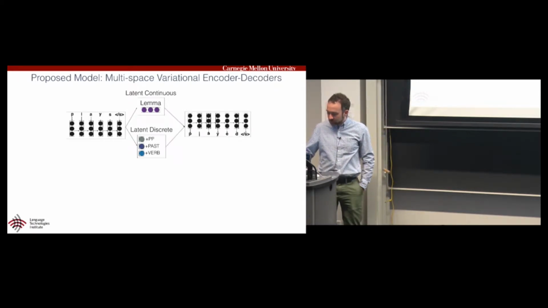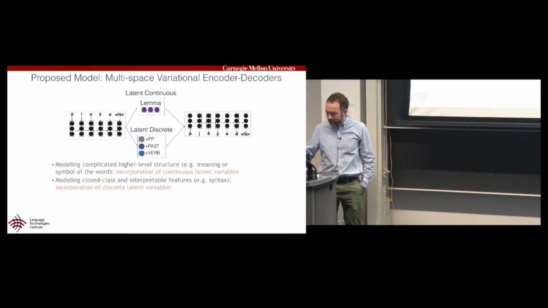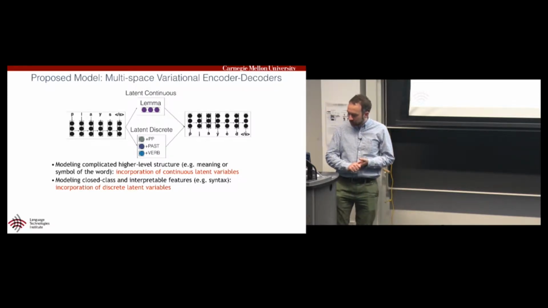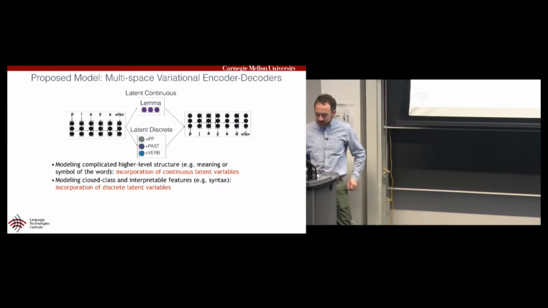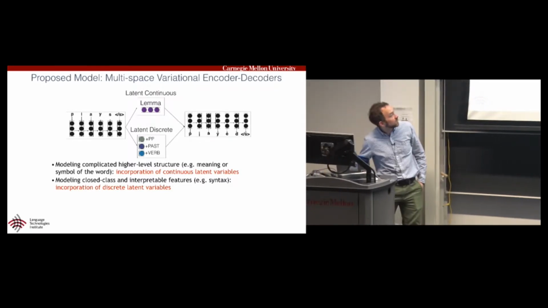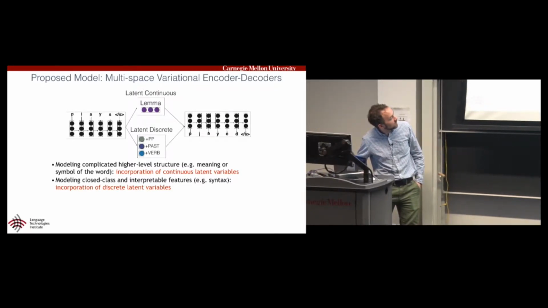And then from this, we can regenerate the word, or we can even generate a different word, like played, that has the same underlying meaning, but different syntactic characteristics, or something like this. So the complicated higher level structure, such as the meaning or the symbol, we model through the latent continuous variables.